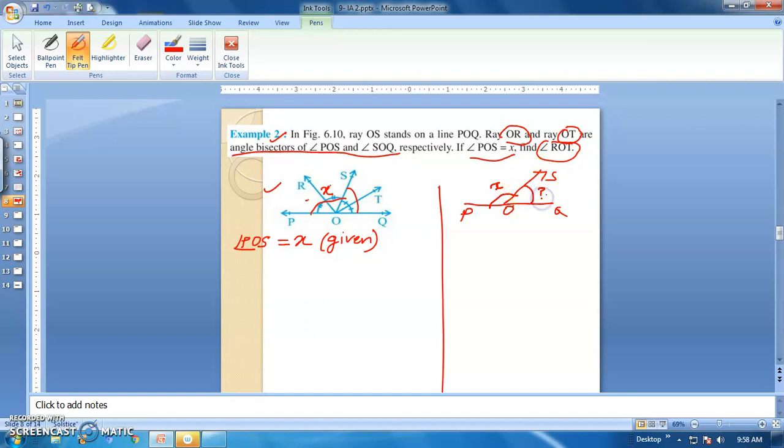This one is nothing but 180 minus X. How is it 180 minus X? It is a linear pair of angles. POQ is a straight line, so 180 degrees. So one of the angles is X degrees and the other one is 180 minus X.